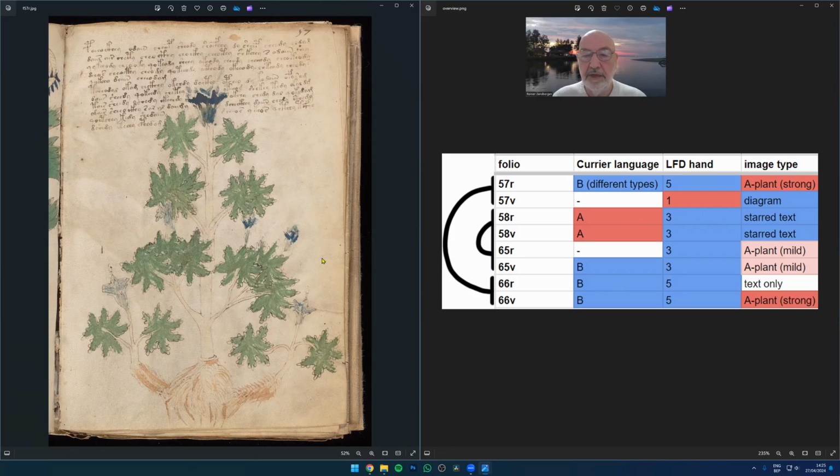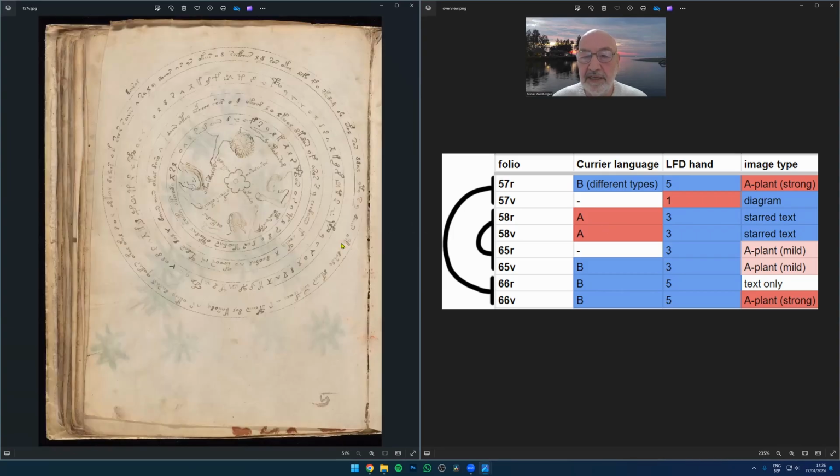Yes, but you can see here also, well, you can't see it entirely, but certainly on the inner bifolio, which is the 58 plus 65 here, you have the two different languages in a single bifolio. That is, again, entirely unusual. Right, I marked it here. And on 57V, sorry to interrupt you, it's mostly single characters, but there are words.